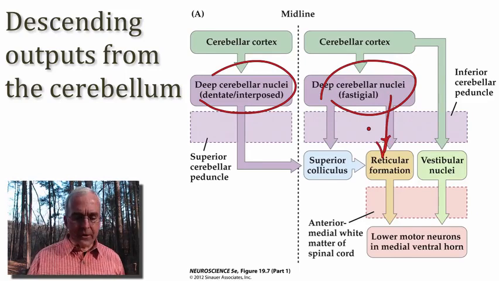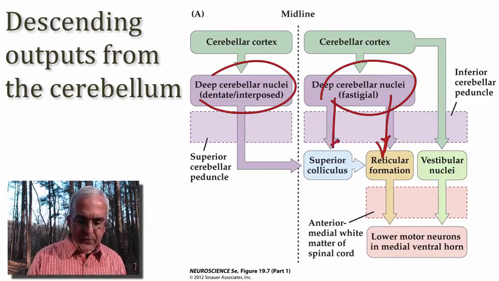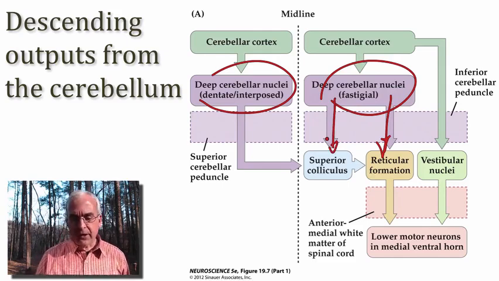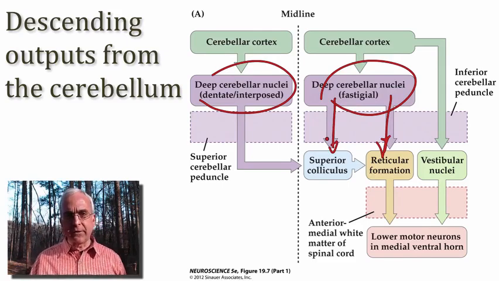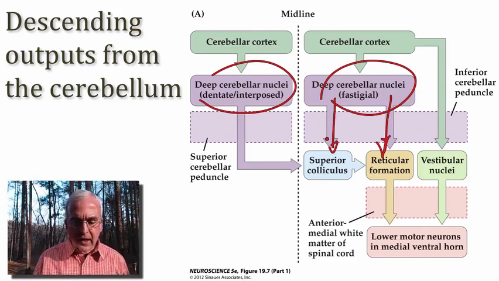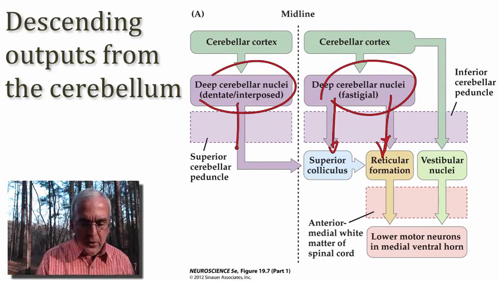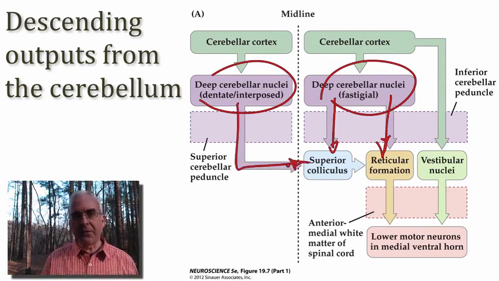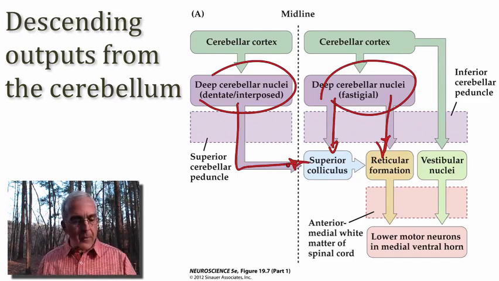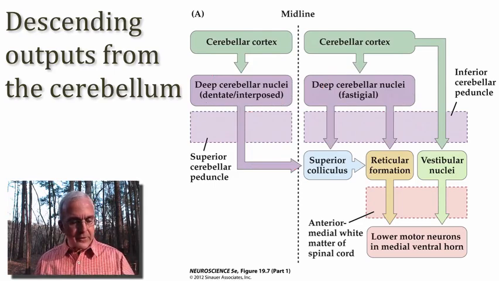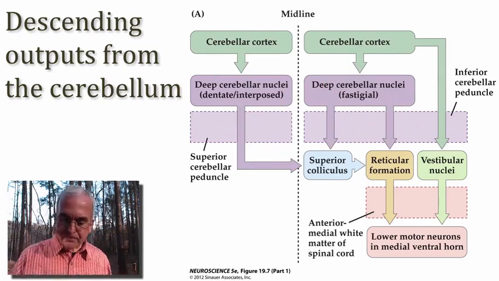Now, the fastigial nucleus also has some connection to the superior colliculus, but it's probably not as functionally significant in our brains as is the larger output that's coming from the dentate nucleus. So we'll focus mainly on the right side of this figure to consider these descending outputs.